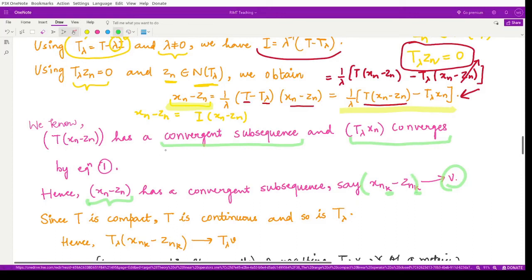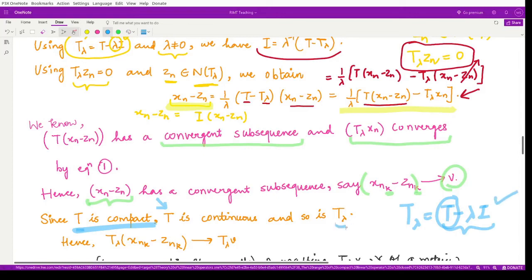So this is another result. Next, because T is a compact operator, which is given to us in the theorem, T is continuous. Now because T is continuous, what is T lambda? T lambda is T minus lambda I, a linear expression in T. So because T is continuous, T minus lambda I is also continuous.